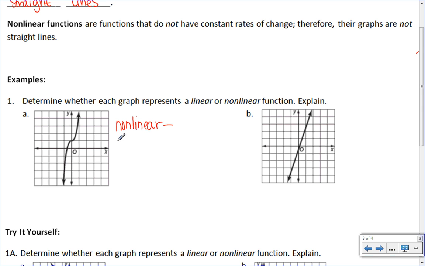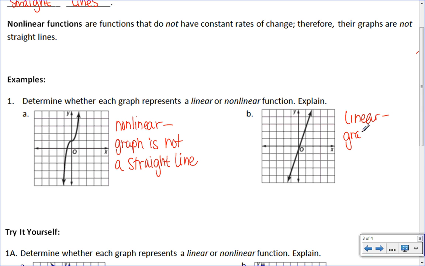And for our explanation, we would say the graph is not a straight line. Okay, and for B, this is a straight line, so this function is linear. And again, our explanation is because the graph is a straight line.